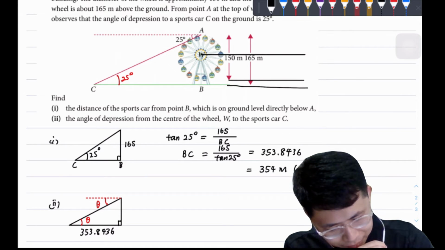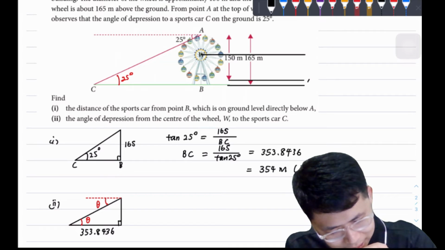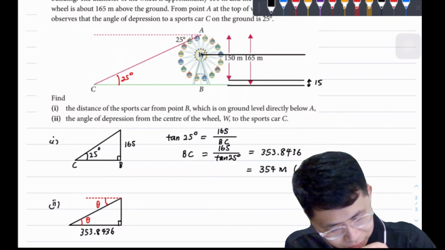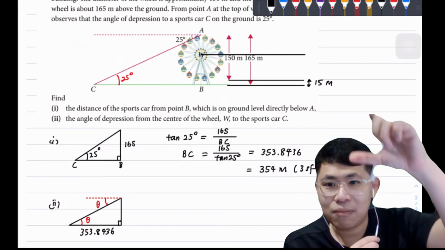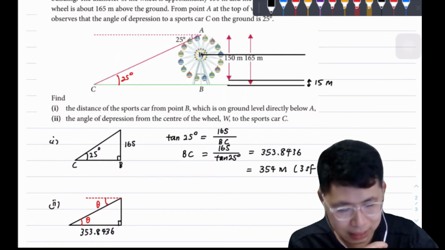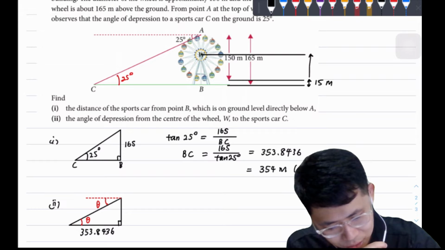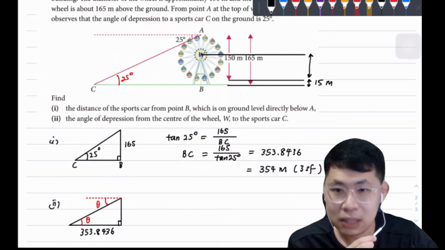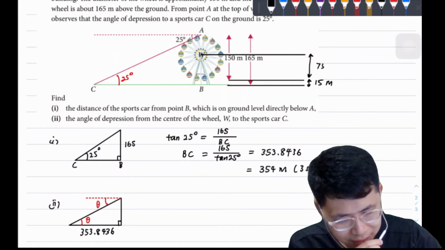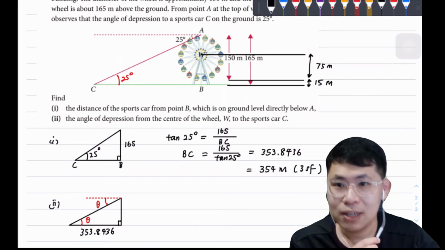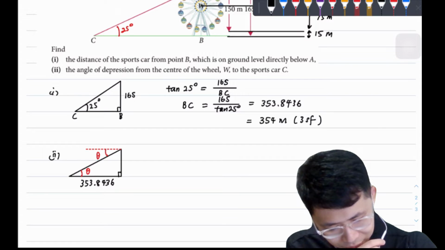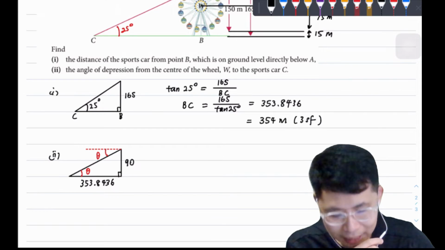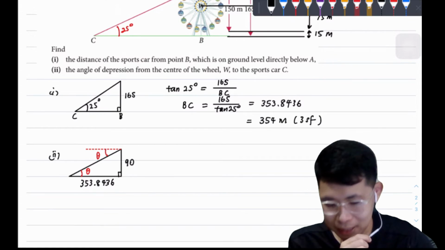On the ground level, this distance is going to be 15 meters. Agree? We have 165 minus 150, which gives the 15 meters. This distance would be 150 divided by 2, so this would be 75 meters. That whole thing together is going to be 75 plus 15, so it's going to be 90.